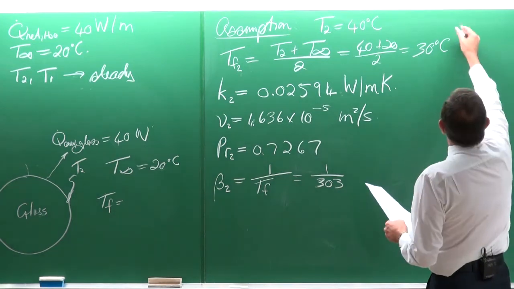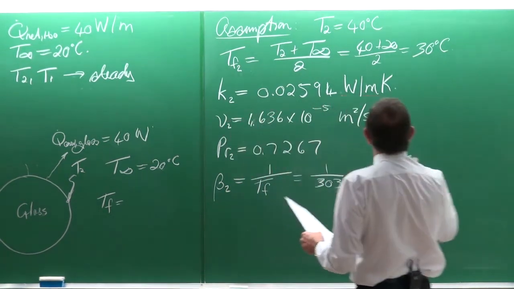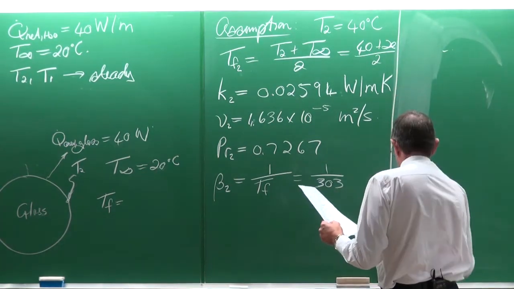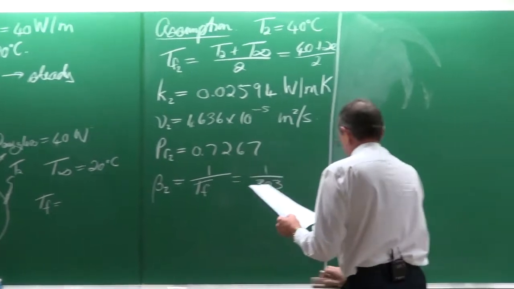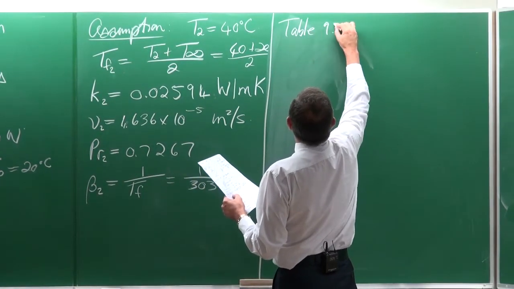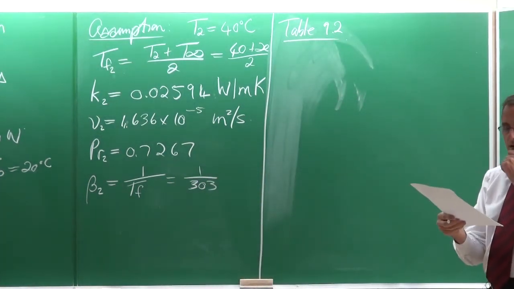So, if you now go and look at table 9.1, you will see that we need the Grashof number, or the Rayleigh number.